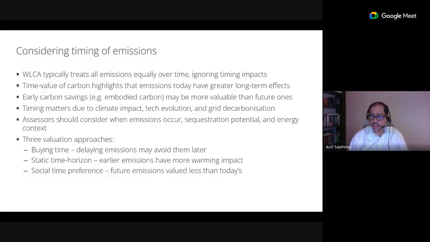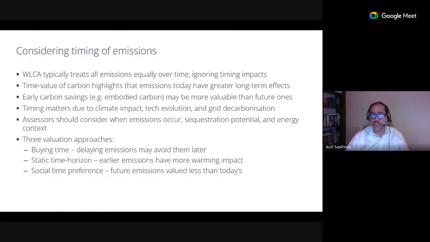Then static time horizon: earlier emissions have more warming impact. And then social time preference: future emissions are valued less than today's. Using these 3 approaches in a particular case, you can then identify which approach is better.